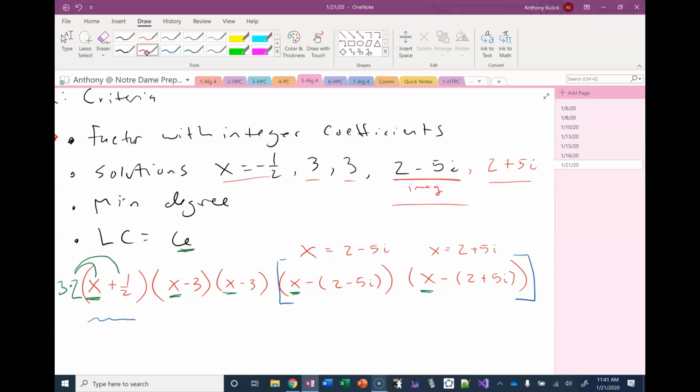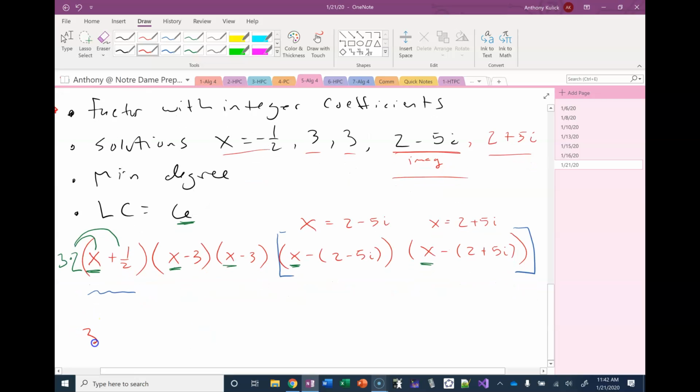We did a lot right there. Is everybody okay with what we did and why we did things? Okay. So let's do our multiplication then. So 3, I'm just going to leave that there. When I multiply the 2 through, though, x plus a half turns into 2x plus 1. I can rewrite those next two just as x minus 3 with the squared on it.